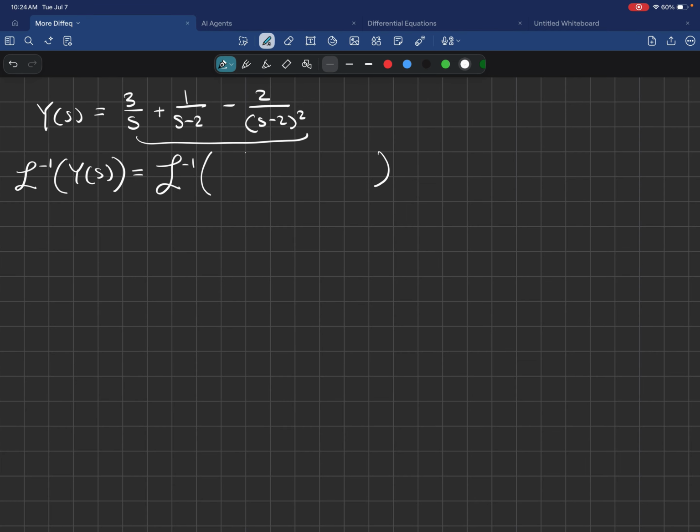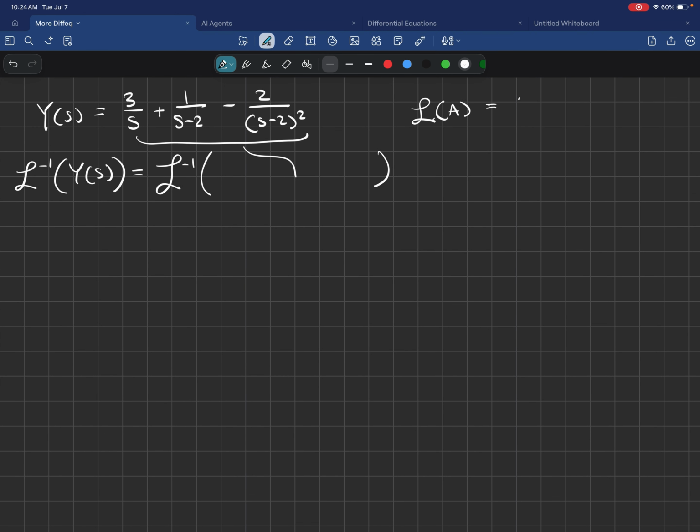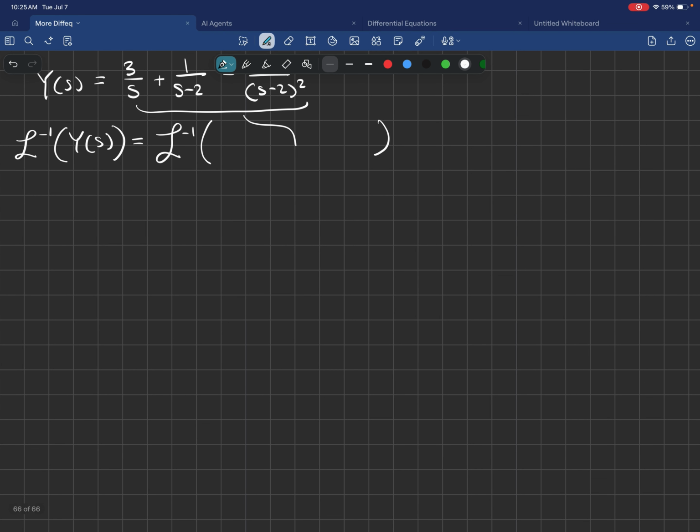I'm not going to rewrite it again, but basically we have formulas to undo these things because, as we know, the Laplace of a constant is just going to be that constant over s. So taking the inverse Laplace is, again, just undoing it. We have a formula table, so let's utilize it.